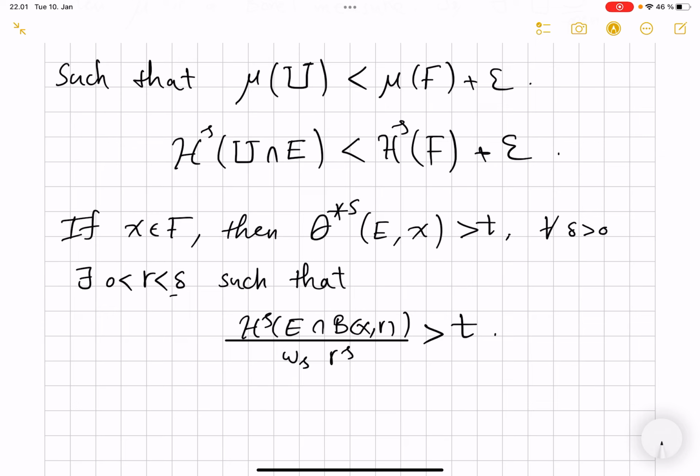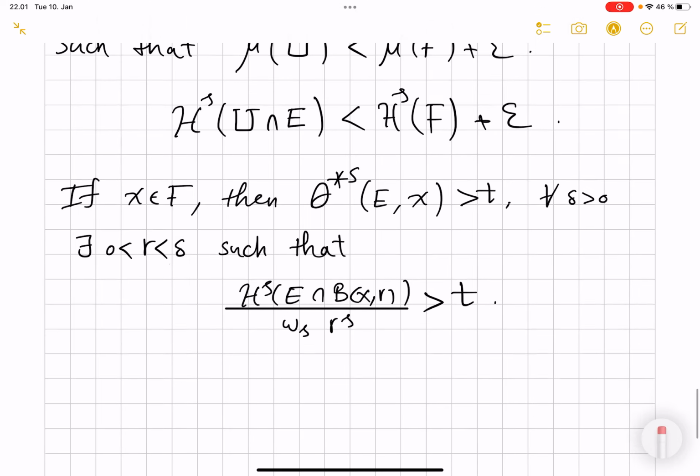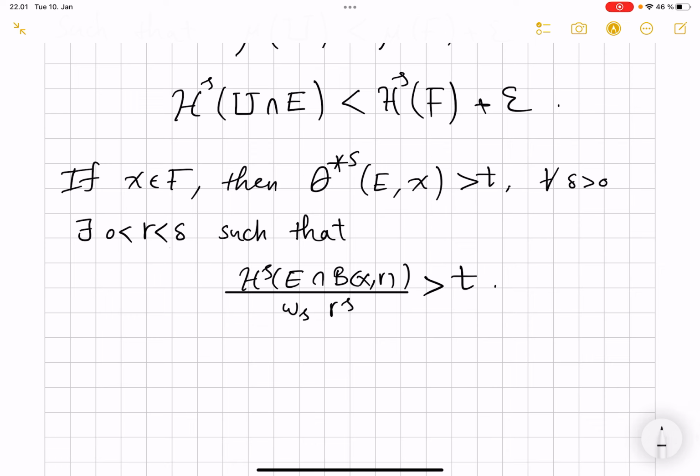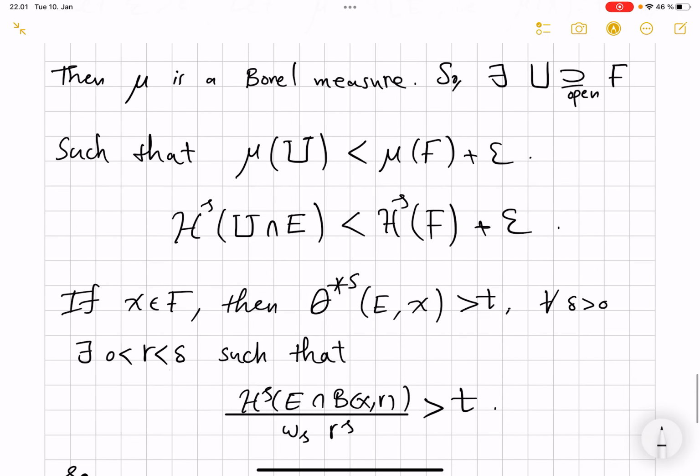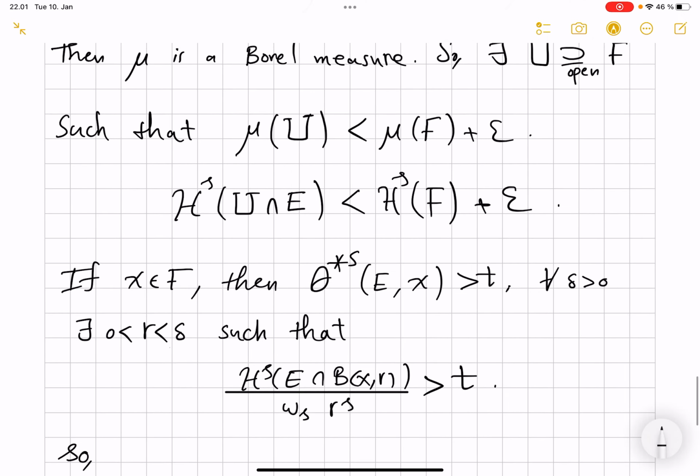No matter how small a delta you set, still there are smaller radii than that where this happens.